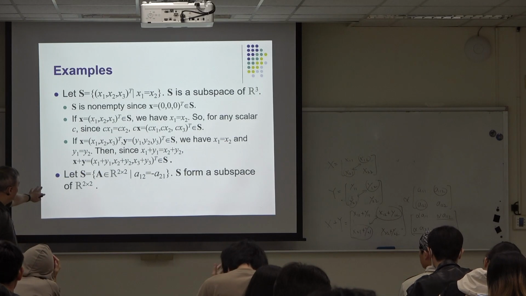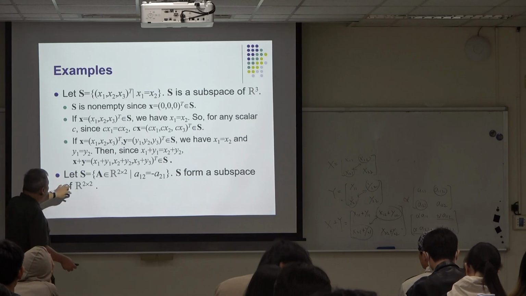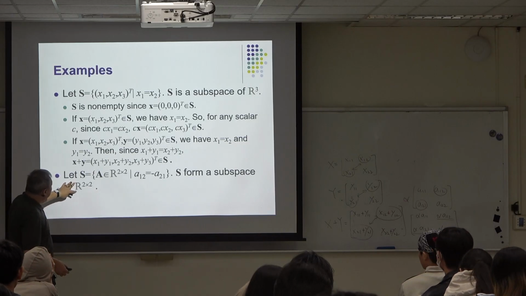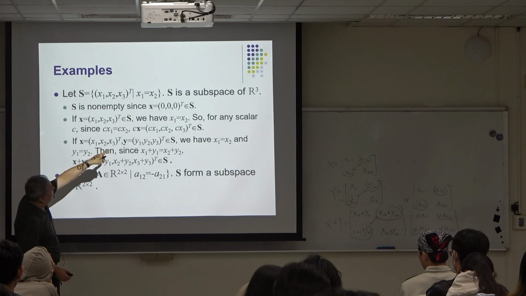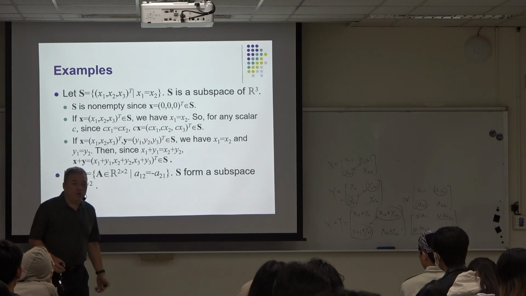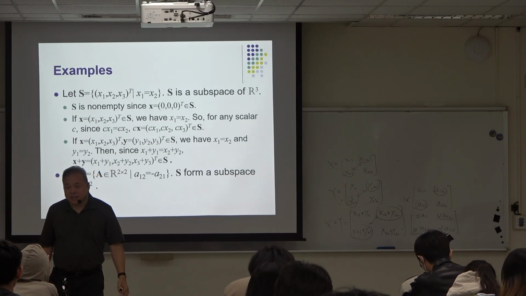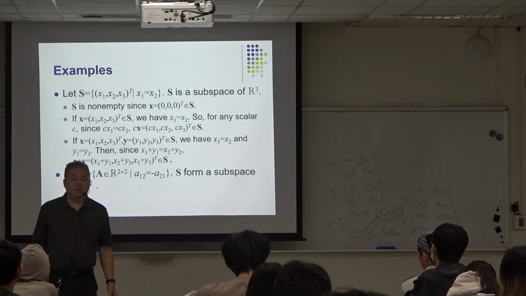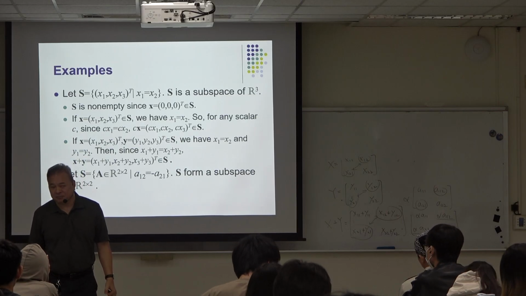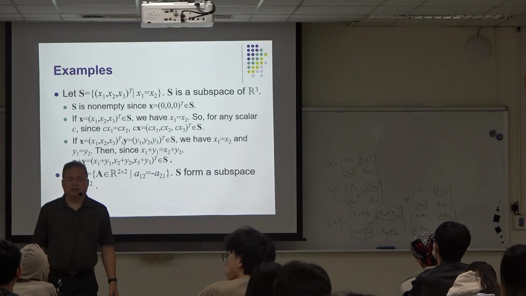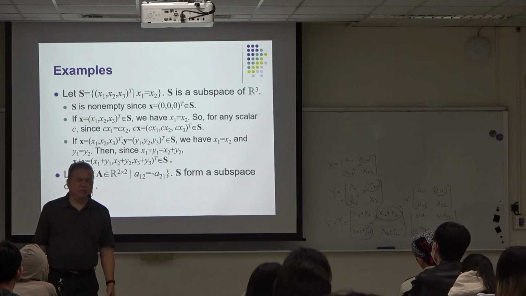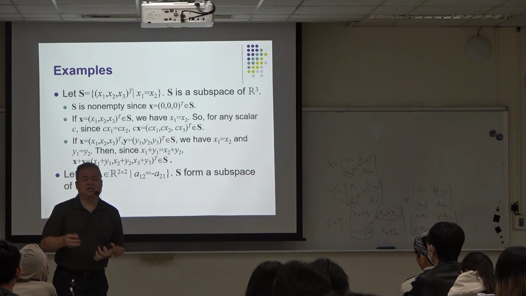Of course we are assuming R 2 by 2 and R3 are already vector spaces. We did not verify that, but it is easy to verify.